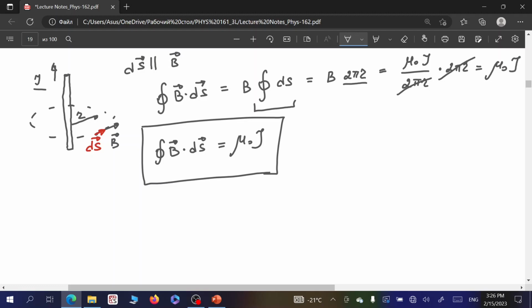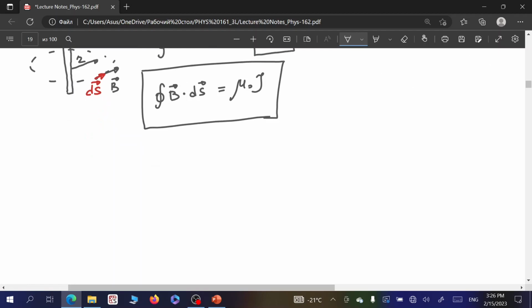And now let us try to apply this Ampere's law in order to determine the magnetic field next to different current distributions.